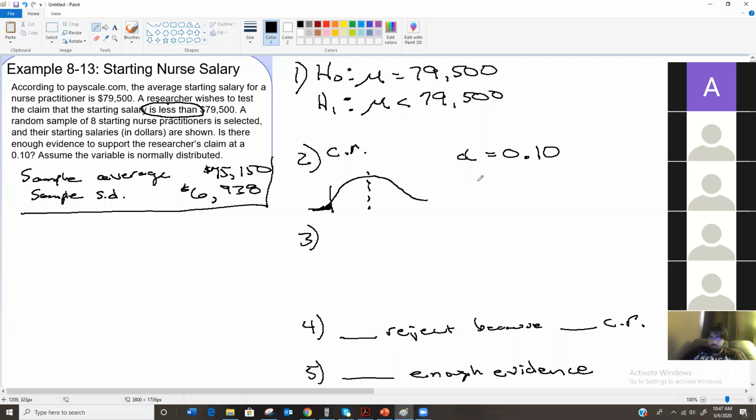What else do we need to know? We need the DF, which is 8 minus 1, 7. Yep, so DF is 7 because the sample was 8. Okay, and then we also need to know that it's left-tailed. So when we look it up on the chart, that's one-tailed, and we'll have to negate it. Okay, so alpha 0.1, left-tailed, degrees of freedom 7.